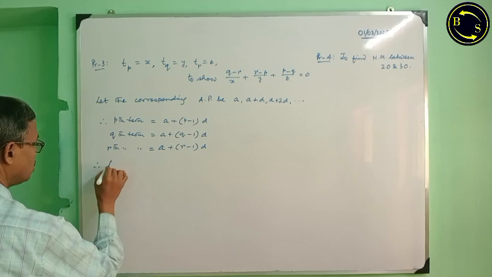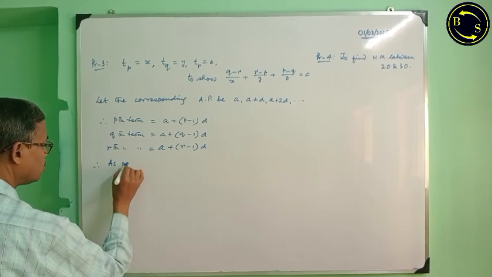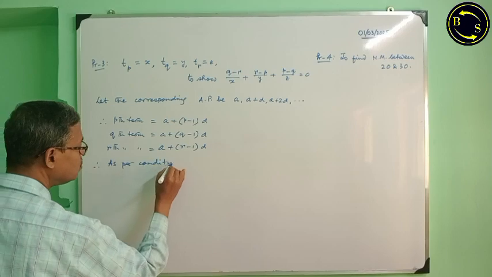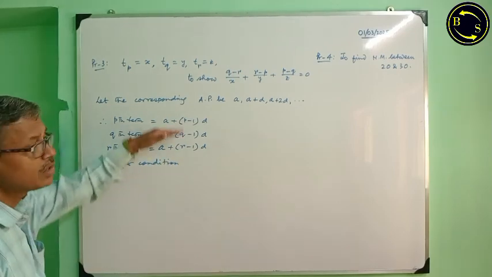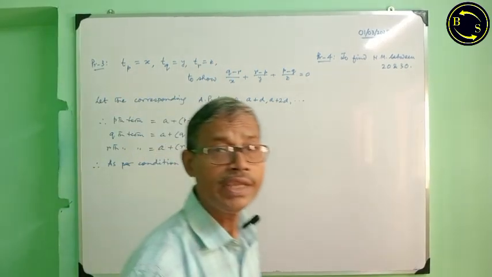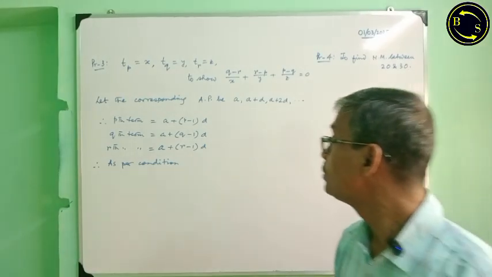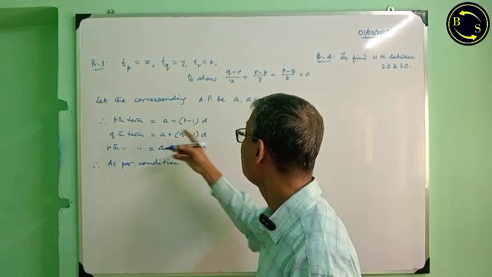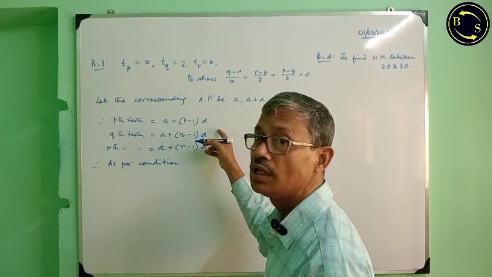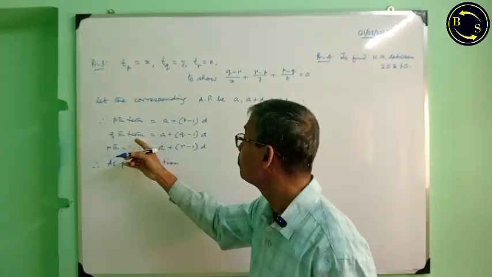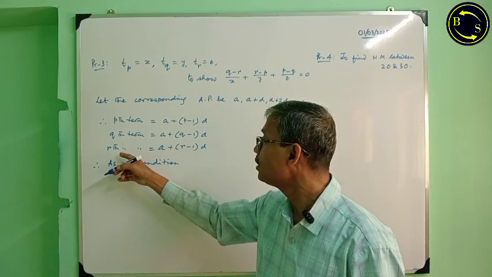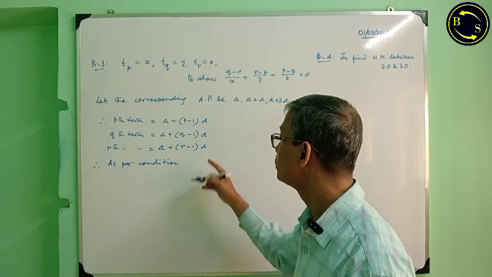Therefore, as per condition, the reciprocal of this will be in HP. That means the pth term of the HP will be 1 by this, qth term of the HP will be 1 by this one, and rth term will be 1 by this.